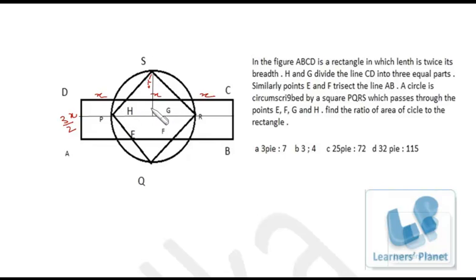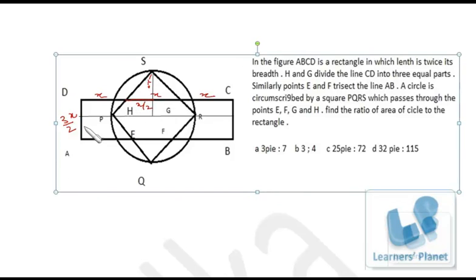And apart from that, this figure is symmetric. So from this point H to G, the length is X. That means this length must be X by 2.